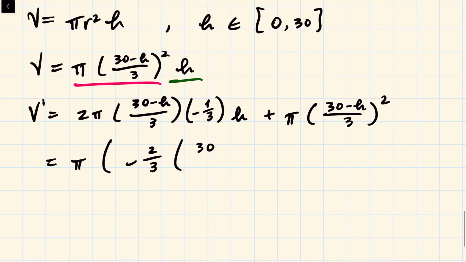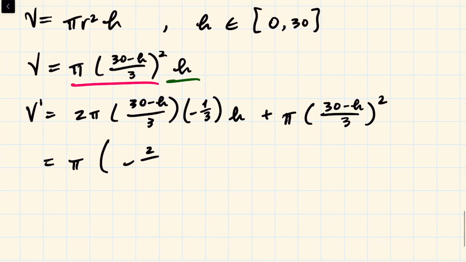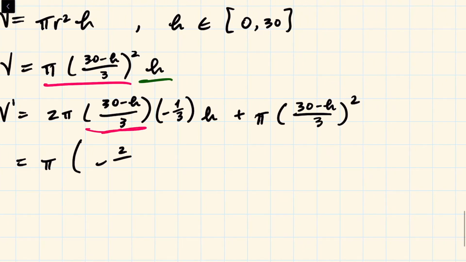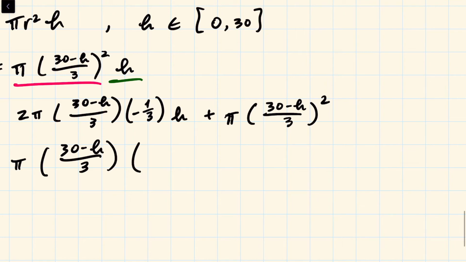Actually, that's a common factor too, so let's pull it out at the very beginning. It's a common factor between both terms since we have it here and here. We actually have 2 of them here, but we're just going to pull out one of them. So we're going to pull out a pi and a 30 minus h over 3. And then left we have this 2 times the negative 1/3, so that's negative 2/3.